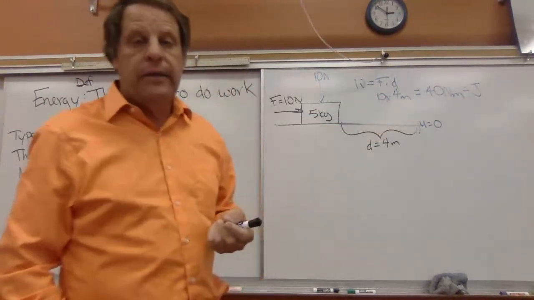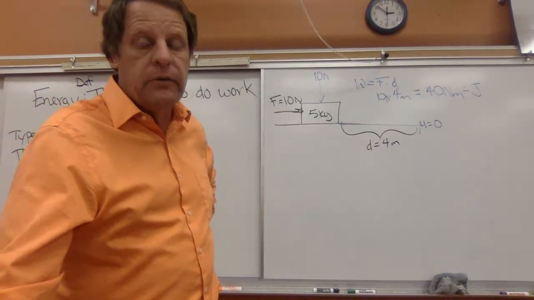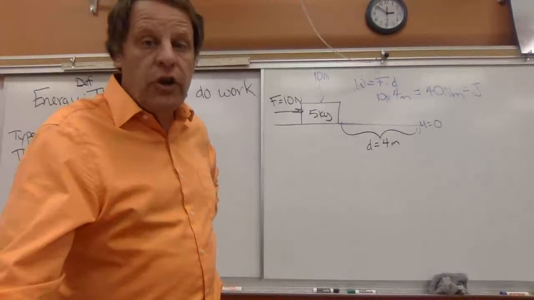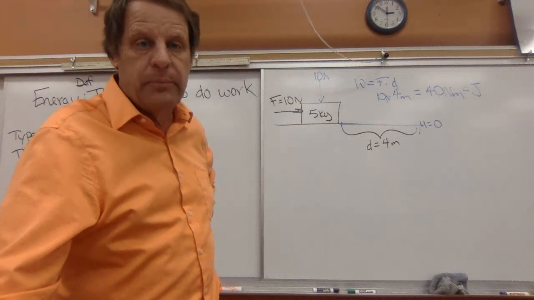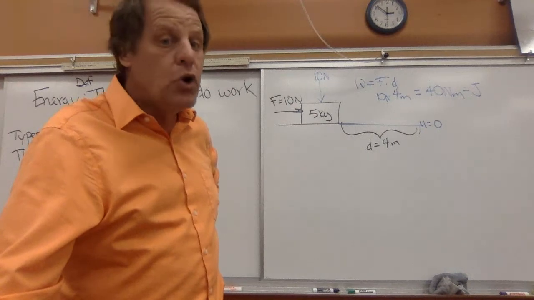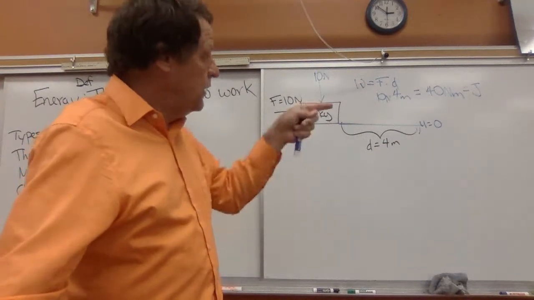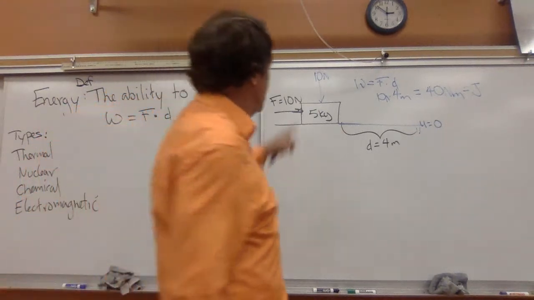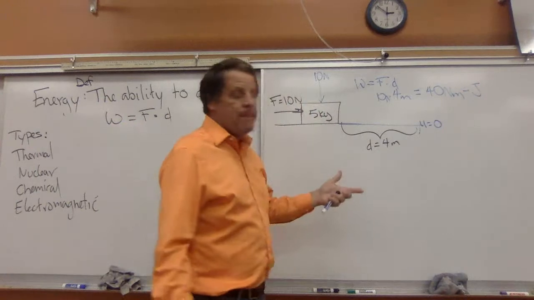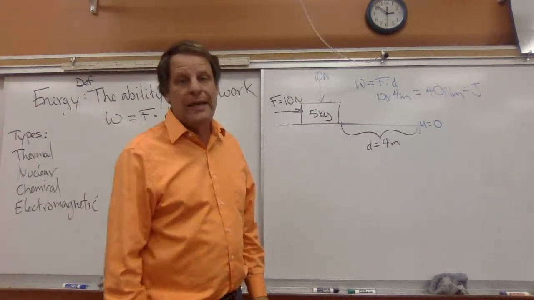The answer is no, which probably seems pretty obvious. There's no component in our second example of anything that would push it or pull it to the right. Therefore, if we had 10 newtons going straight down, it wouldn't do any work at all because it would not give you any distance.